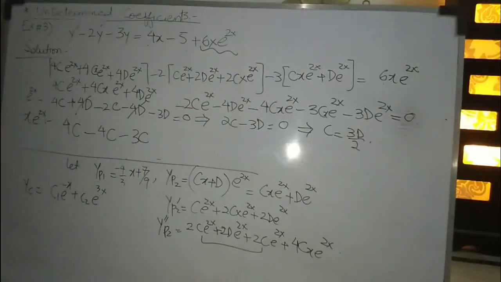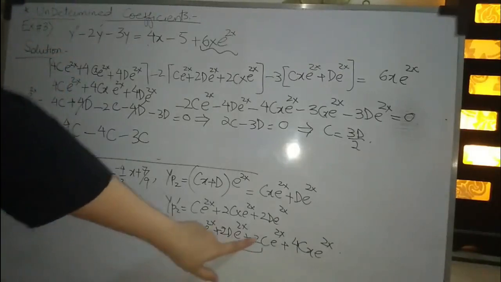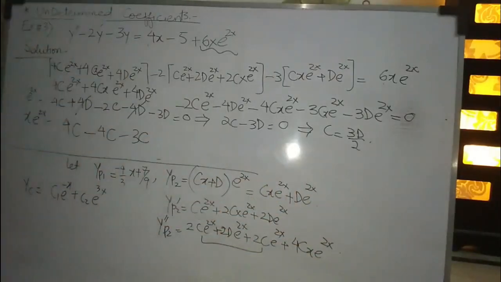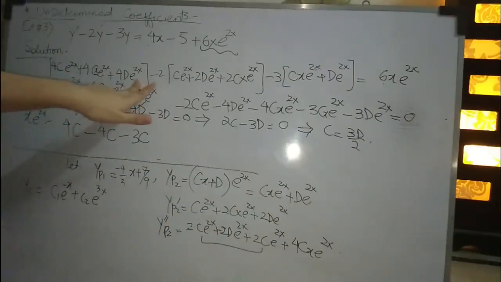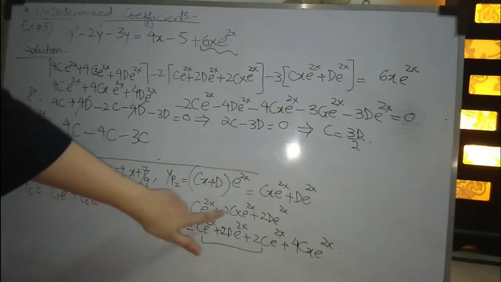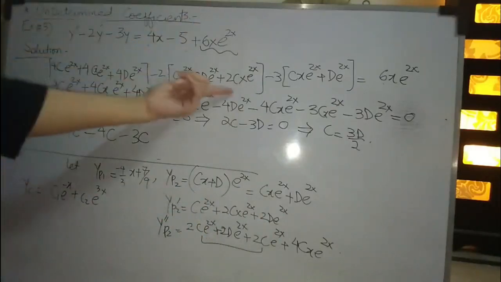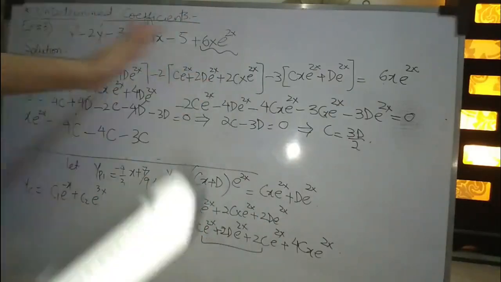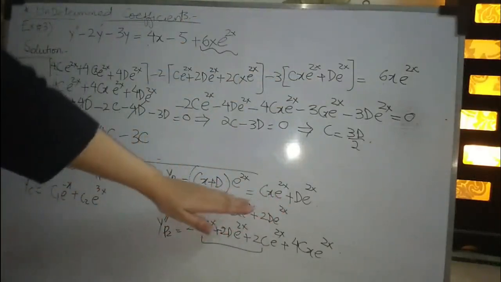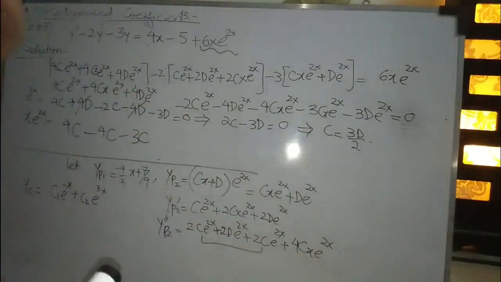So first of all, yp2 double dash is 4c e to the power 2x plus 2d e to the power 2x plus 4cx e to the power 2x. So I am replacing here for the second derivative, minus 2 into yp2 dash, that is c e to the power 2x plus 2cx e to the power 2x plus 2d e to the power 2x. I am replacing here, and also minus 3 into yp2, simple, that is cx e to the power 2x plus d into e to the power 2x equals to 6x e to the power 2x.